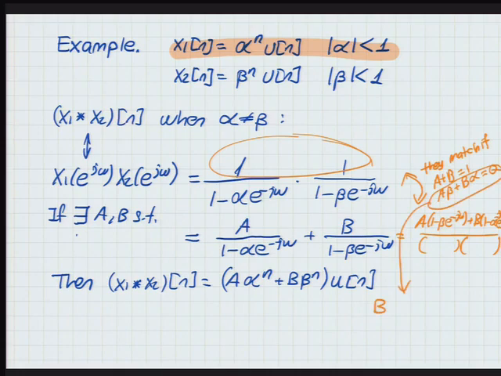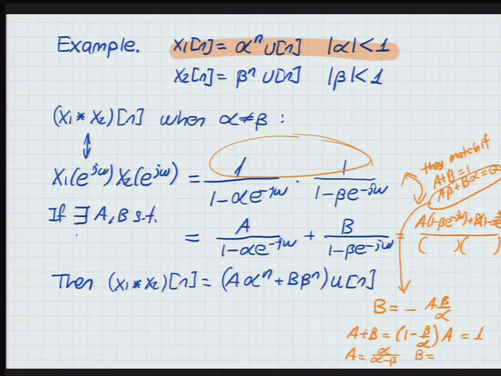So B is going to be negative A beta over alpha, correct? Is that right? Okay, then A plus B is 1 minus beta by alpha times A, and I want this to be 1, right? So that means A is alpha over alpha minus beta.